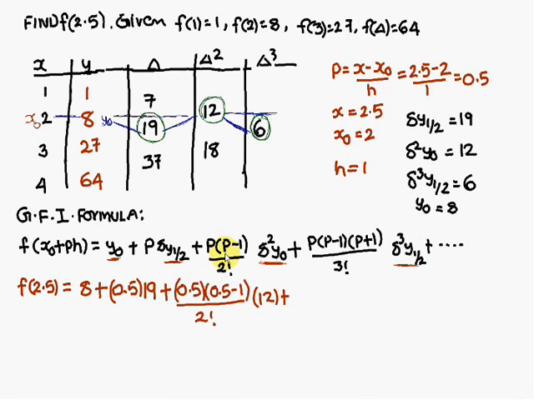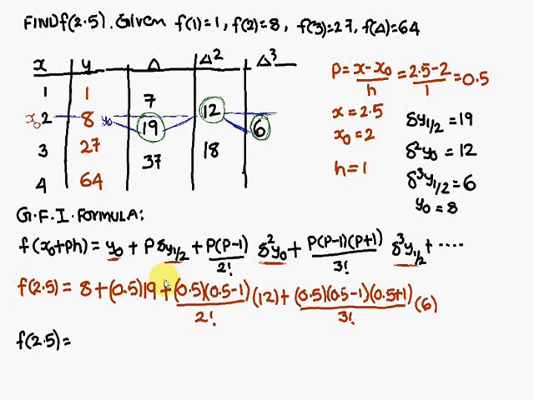Similarly, if you substitute in this formula, you are going to get like this. Similarly, in place of p 0.5 and in place of delta cube y 1 by 2 is 6, and do the problem, f of 2.5 you are going to get as 15.625.